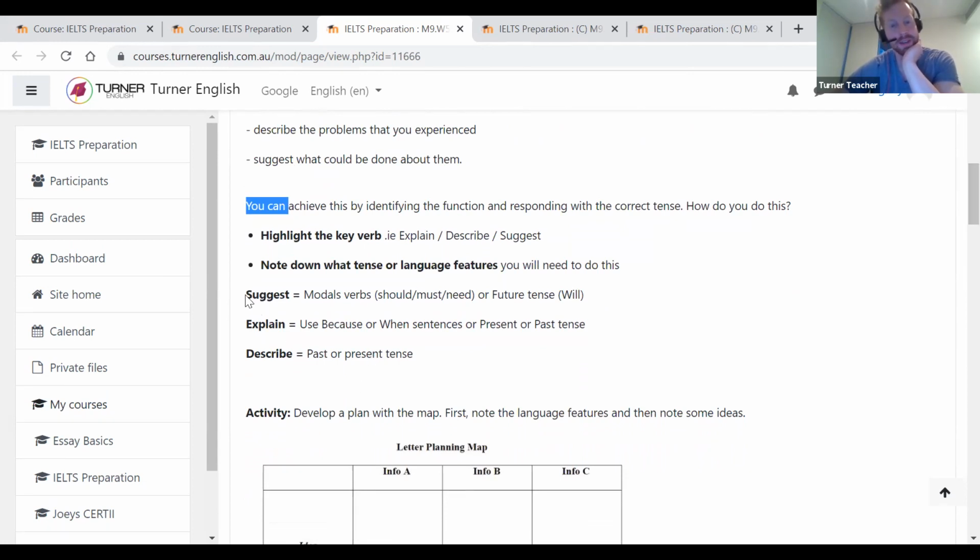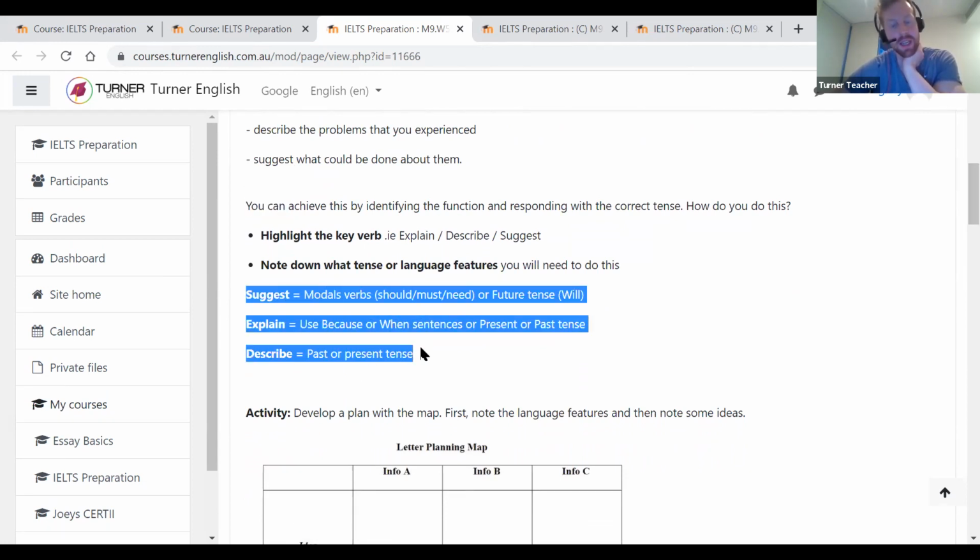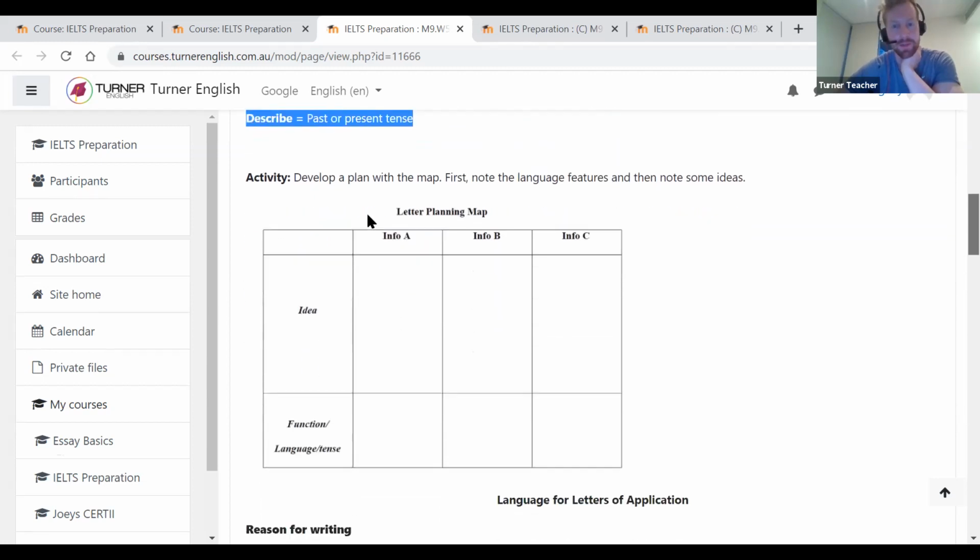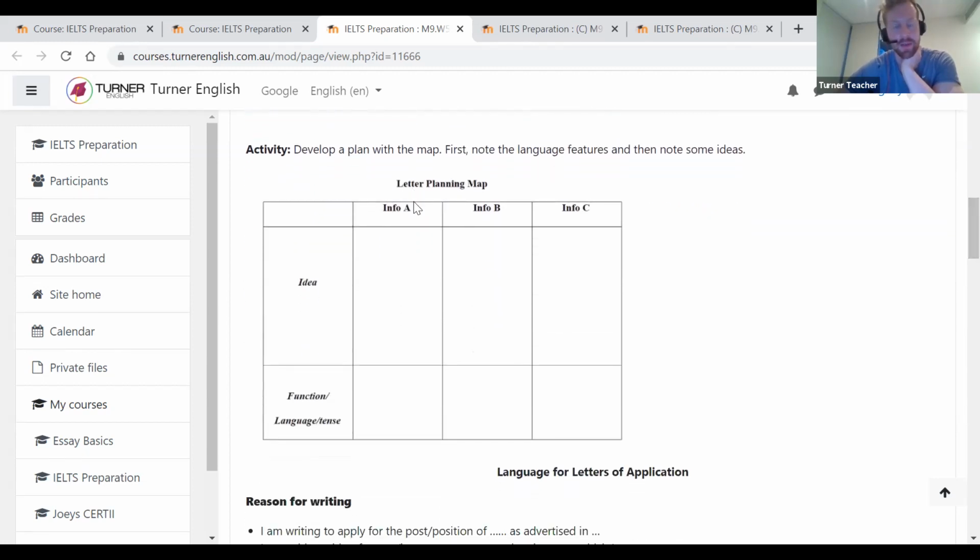Okay, so here we have some examples of different verbs that you can use for each stage. So if you're suggesting something, you can use a modal verb like should, must, or need. If you're explaining, you can use because. And if you're describing, you can use past or present tense. Okay.